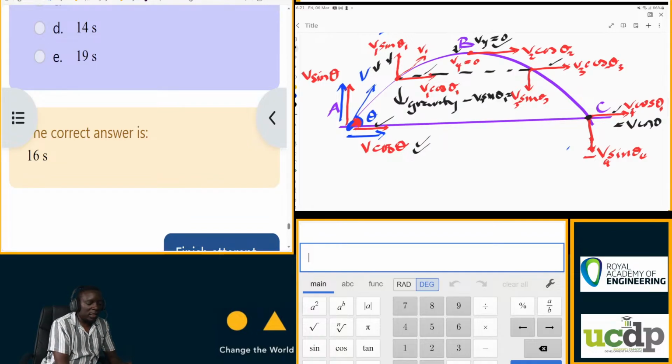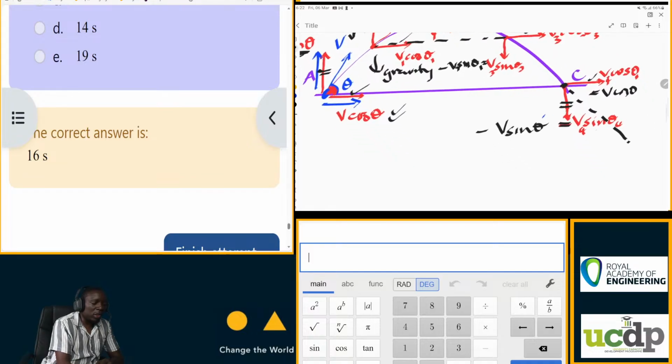Then you would find the y component is downward, so this v4 sin theta 4 is actually equal to minus v sin theta, the initial one. So it's the negative of this, same magnitude as the initial. But if it were to go down and continue like that, you'll find that this downward velocity increases beyond the magnitude of v sin theta, whereas the x component is still the same.